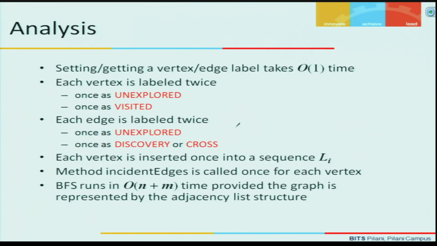Analysis is again simple as the DFS analysis. The running time is going to be of order n plus m, where n is the number of vertices and m is the number of edges.